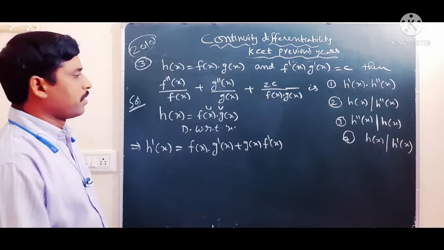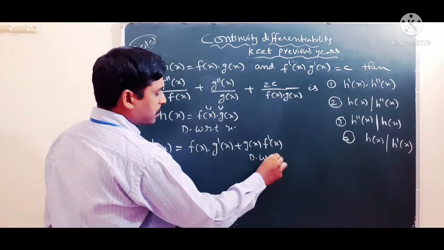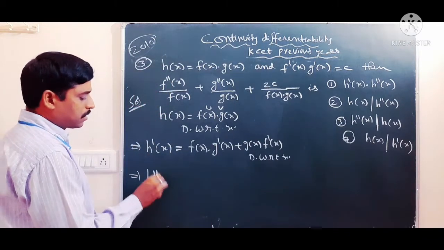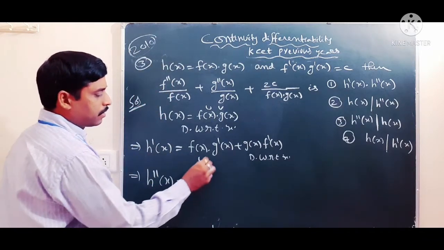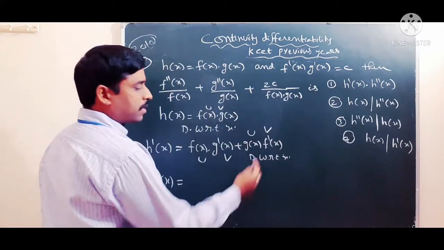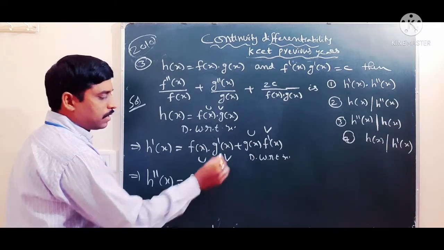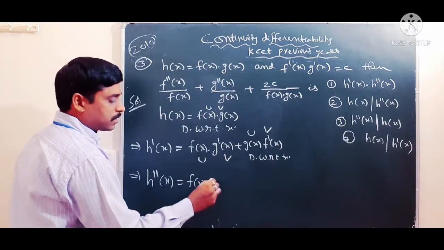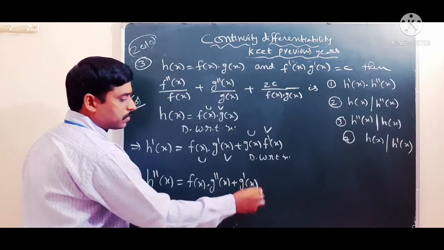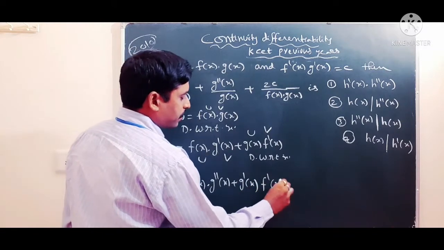Now we have to find h double dash x also. So now take the derivative with respect to x on both sides. Again h double dash x equals, again by using the UV formula, for the first function f of x into g dash x, the derivative is f of x into g double dash x plus g dash x into f dash x.